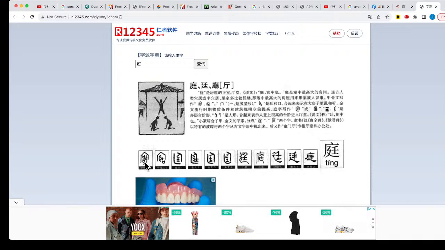And this 庭 is that part of the character, with a 廷 inside. When you say 庭, that pretty much is the largest room in a house. That's called a 庭.